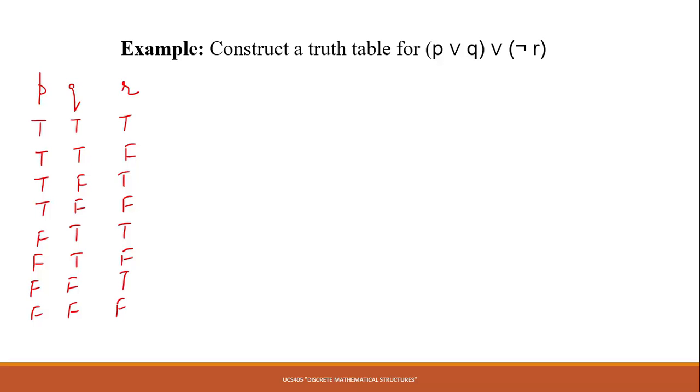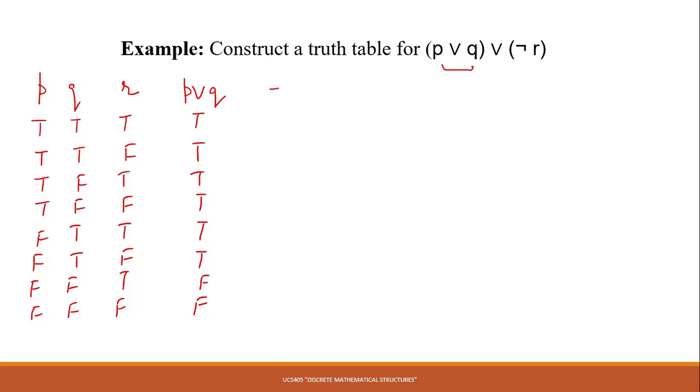So these are the total 8 possible combinations of P, Q and R. First, we will construct P or Q. P or Q will be true when either of P or Q is true. So it will be true, true, true, true, false and false, because here both P and Q are false.